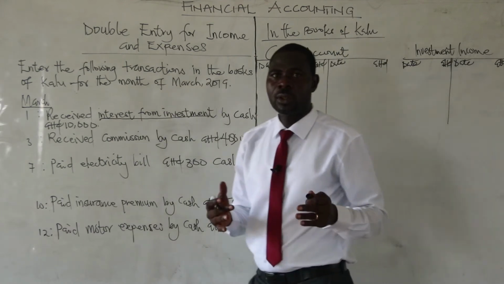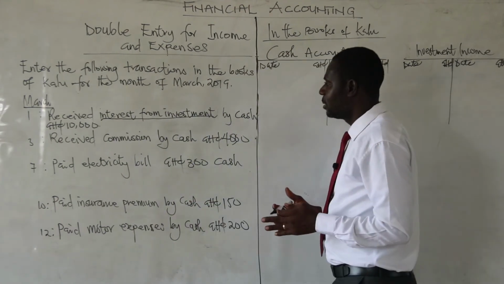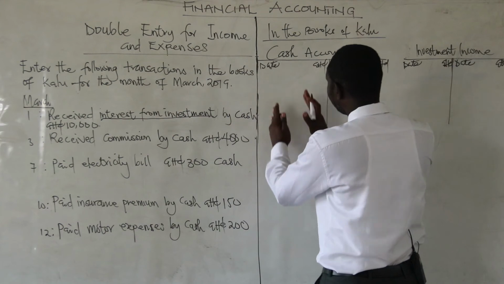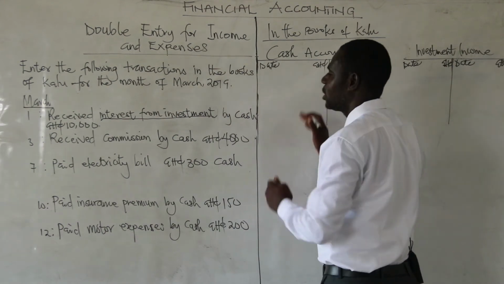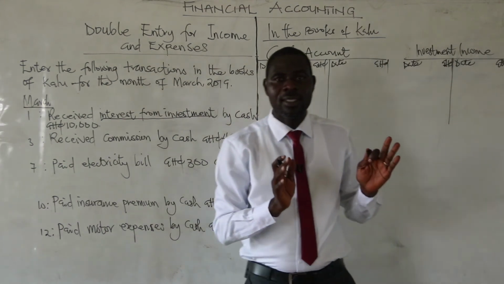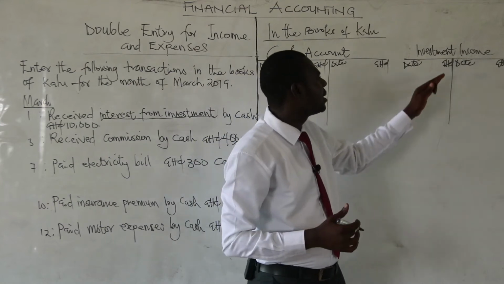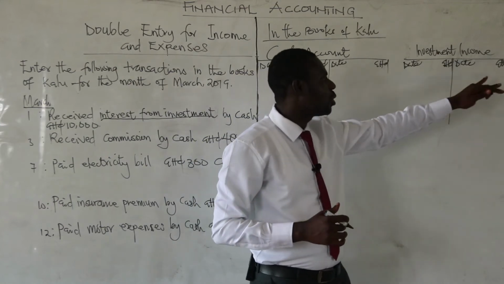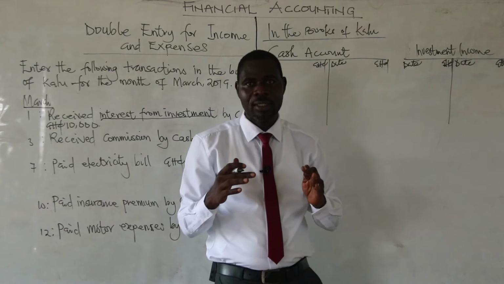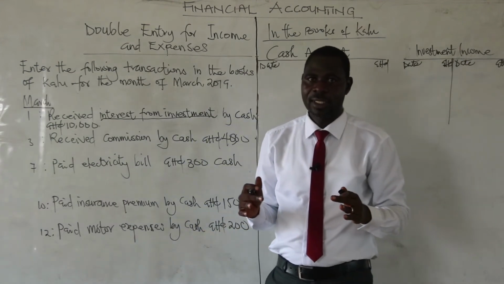Okay, so the transaction is recorded at the debit side of the cash account, and the corresponding account is investment account, and it's recorded at the credit side. Note, all income must be credited.